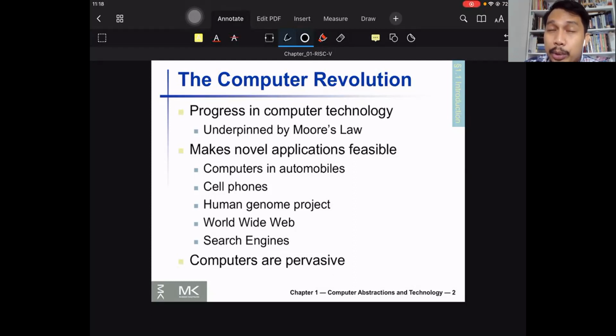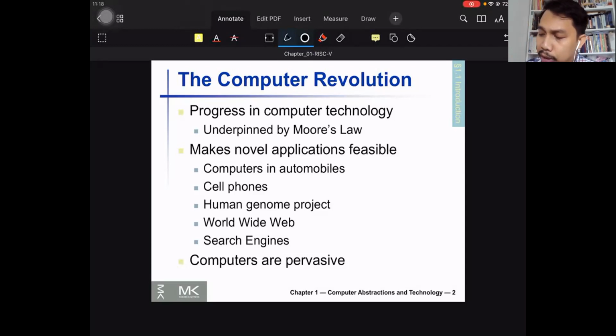But the computer here is the thing that computes, that makes the calculations. Okay, the central processing unit. So when we say computer, as we progress this semester in this subject, most of the time we're referring to the central processing unit or the microprocessor inside our devices. That is the computer we mean.